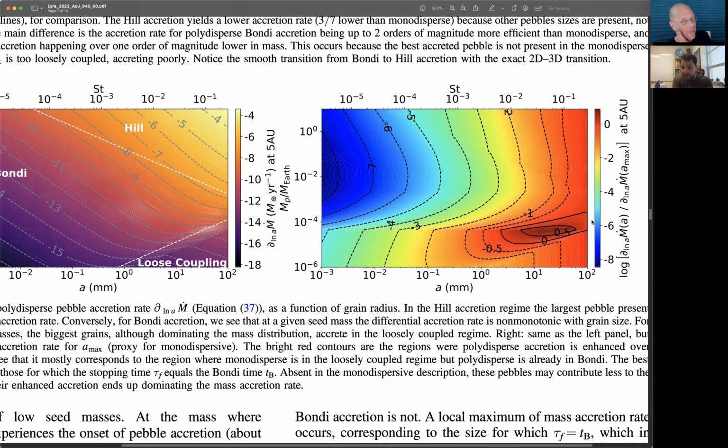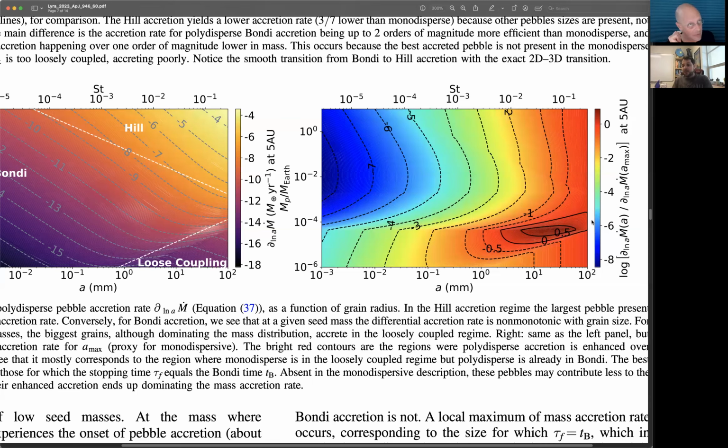The Bondi time is the time that the pebble takes to cross the Bondi radius. If you consider a pebble that is too big, it couples to the gas on a longer time scale than the time it takes to cross the Bondi radius. Therefore, it behaves just like a planetesimal would.